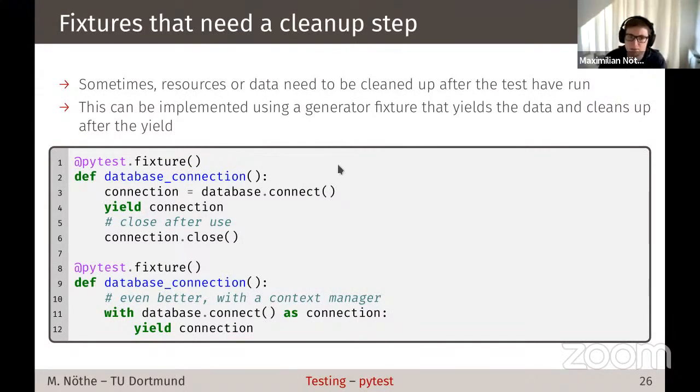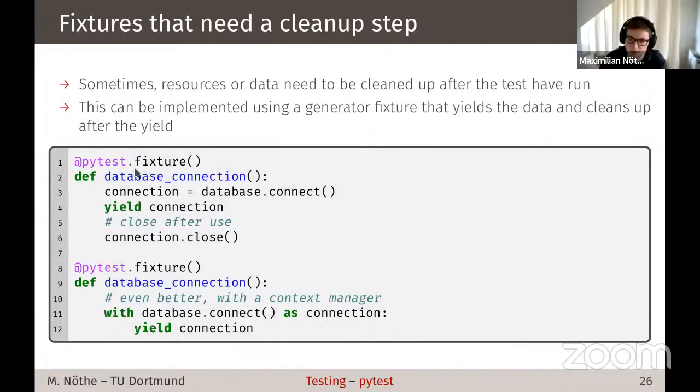One thing I won't show here, but which is also relatively common. So many times you need a cleanup step after you created the fixture. So you need to acquire some resource. You want to use it in the tests, but after that you need to somehow clean it up. And you can do this using a generator function in pytest.